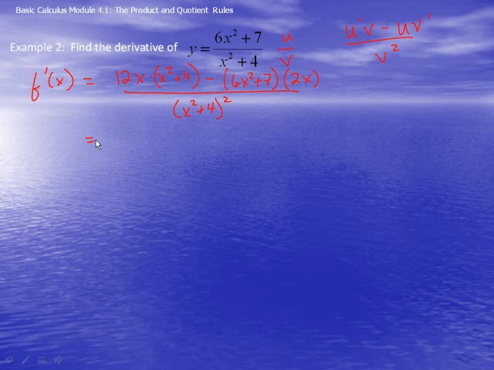Okay, let's go through and do a distributive property. That would be 12x cubed plus 48x minus, let's put that in brackets, 2x times 6x squared would be 12x cubed plus 14x all over the bottom one squared.